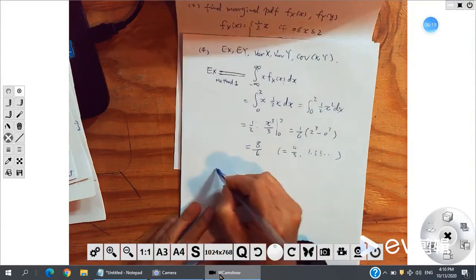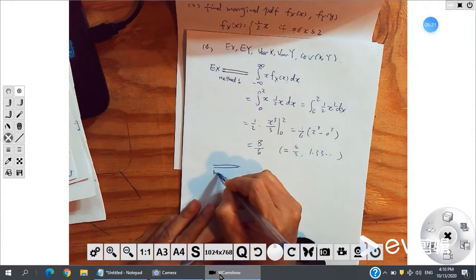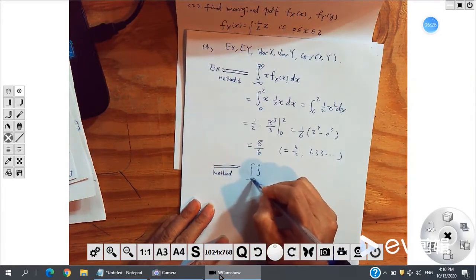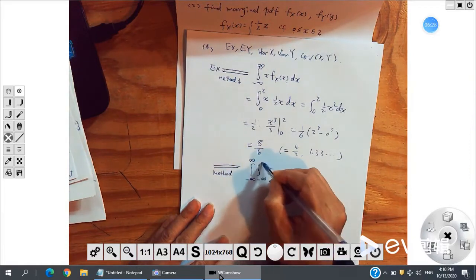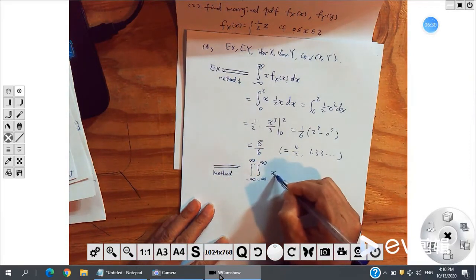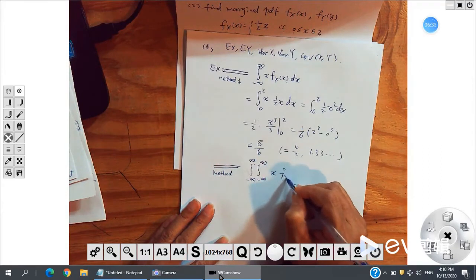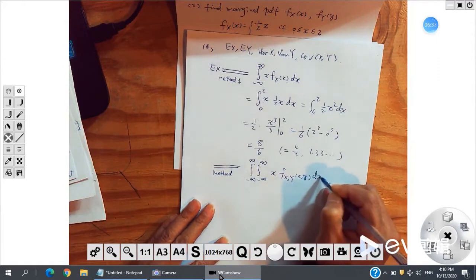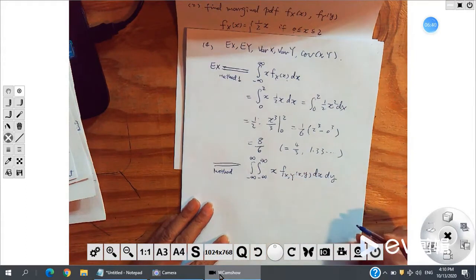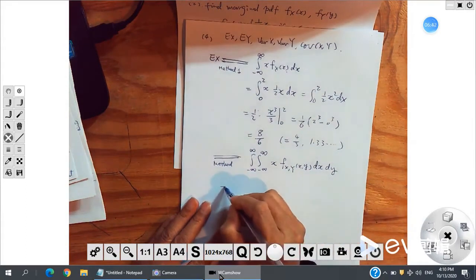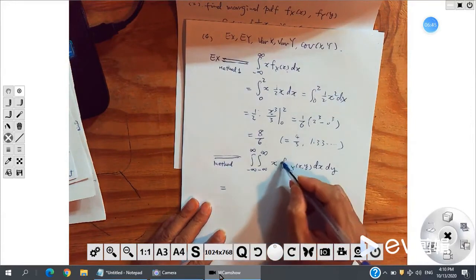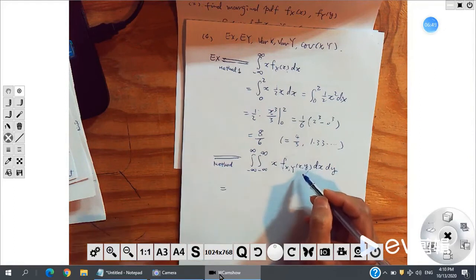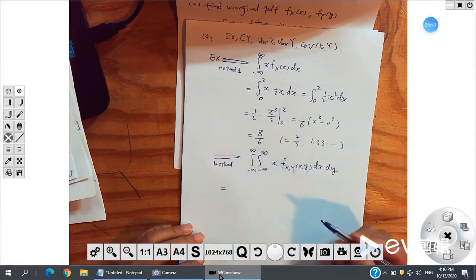We can also use the method with two integrals, negative to positive infinity, negative to positive infinity. X is still x, but I use the density of both x and y, and here will be dx dy. We know the density function will be 0 if x is smaller than 0 or larger than 2.